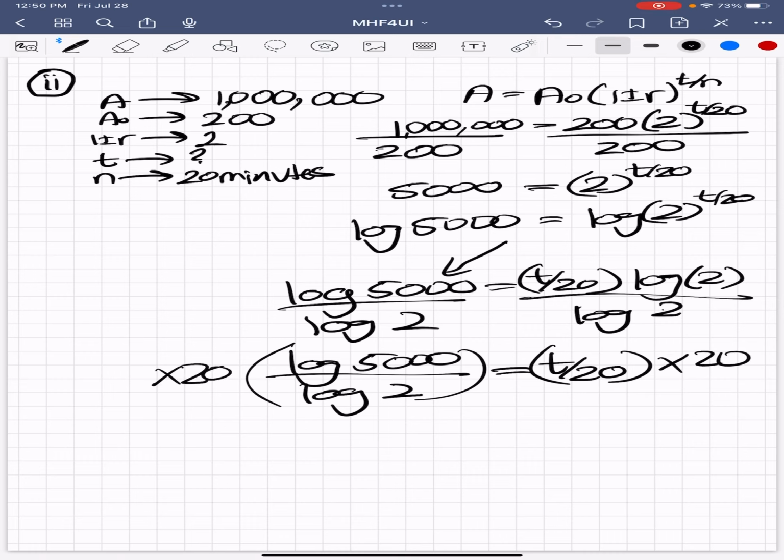Since t is divided by 20, I'm multiplying both sides by 20 to get rid of the division, so I can isolate t and get t by itself.